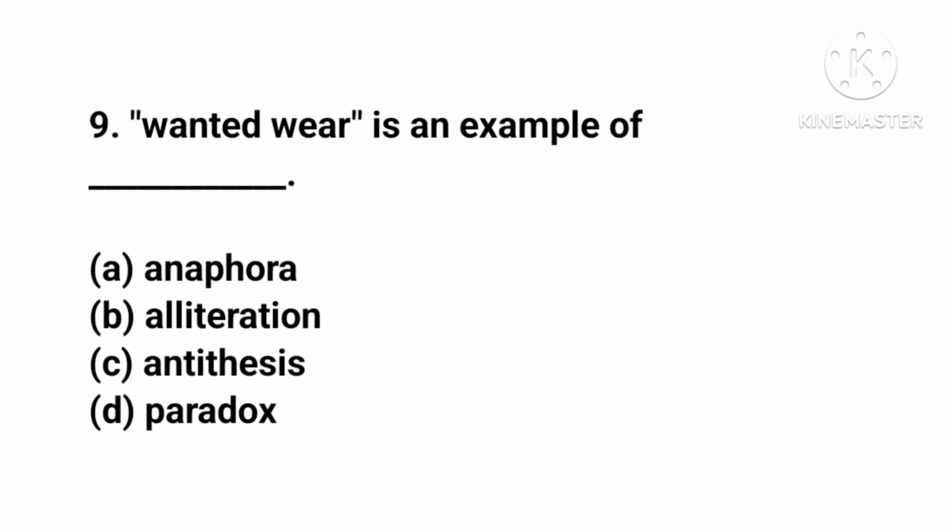Number 9. Wanted wear is an example of dash. Option A, anaphora. Option B, alliteration. Option C, antithesis. Or option D, paradox. So what is the figure of speech used in the phrase wanted wear?